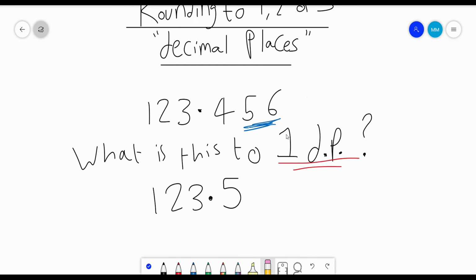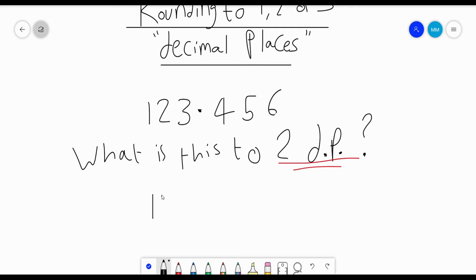So let's do another one. Let's change it to 2 decimal place. Once again, the number we need to concentrate on. So we know that we're looking at this 5 because that is the second decimal place.